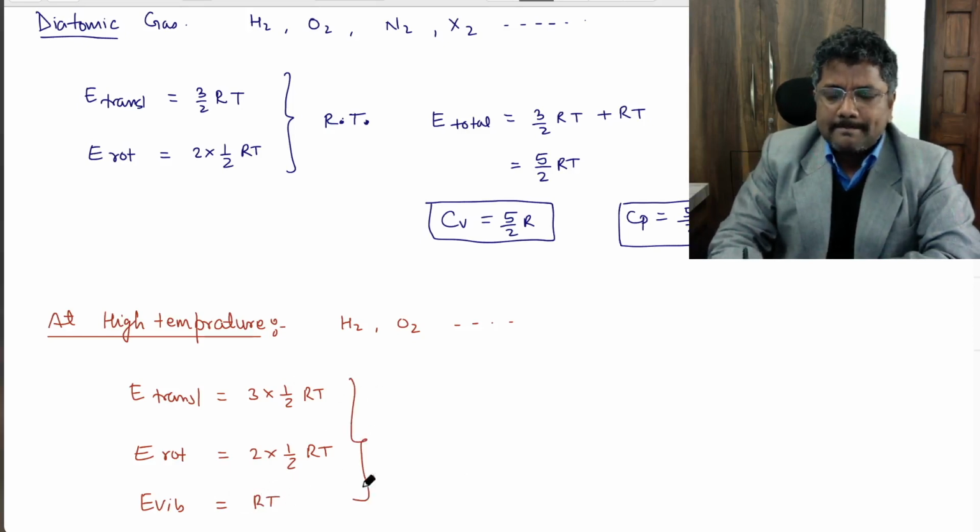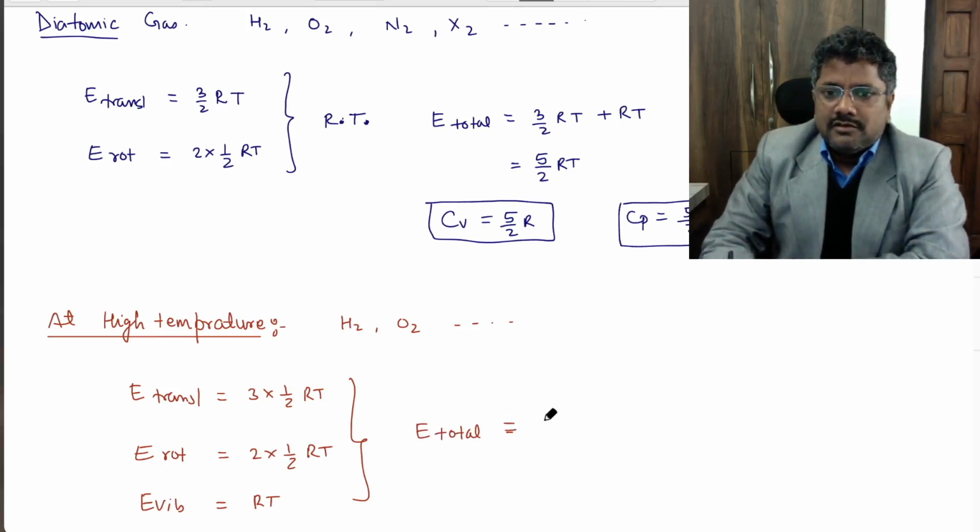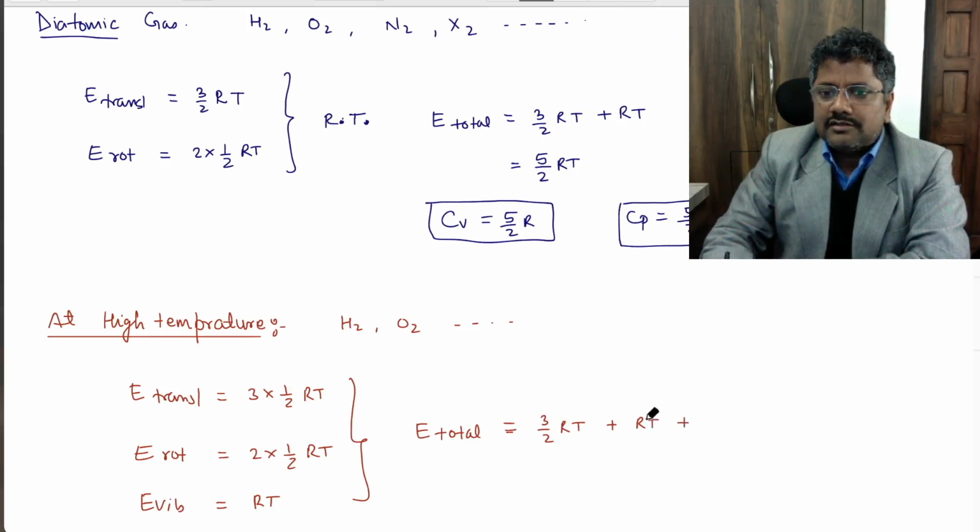So what is the total energy? E total is equal to 3 by 2 RT plus RT plus RT, right?